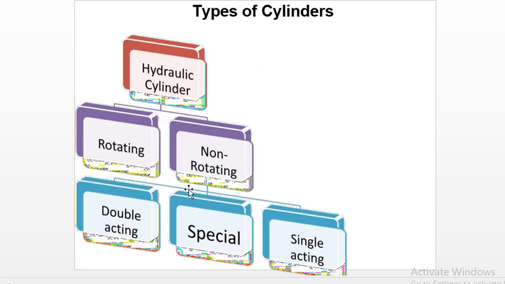And in non-rotating, obviously the double acting cylinder, special type of cylinder, and the single acting cylinder. In the special type of cylinder, majorly the telescopic cylinder, tandem cylinder, and some special actuators which are useful to absorb the various shocks created during the operation.